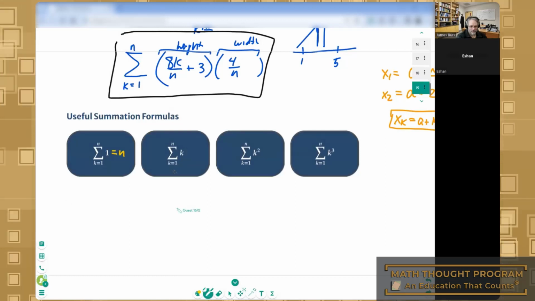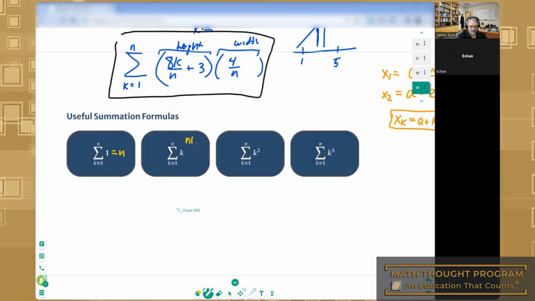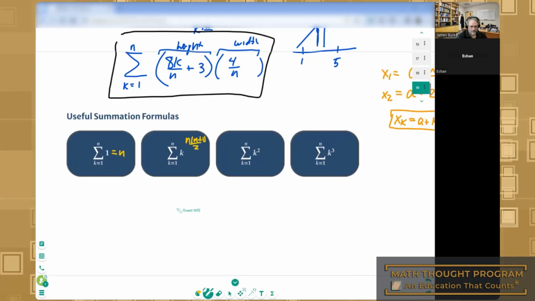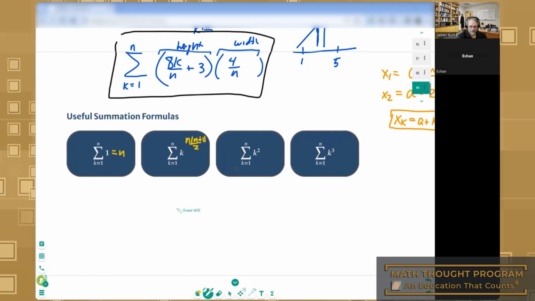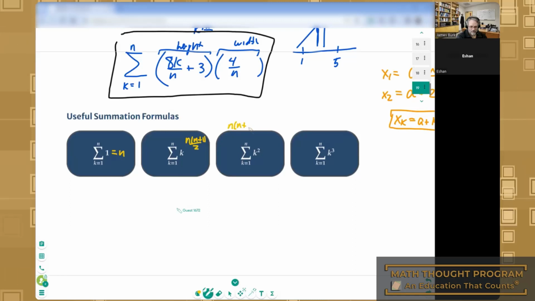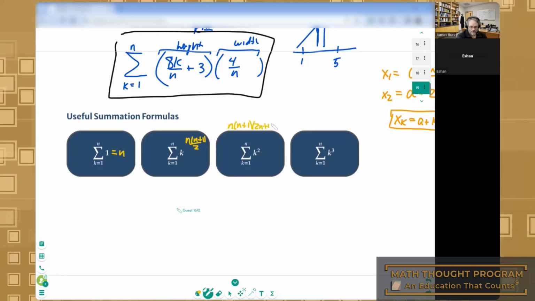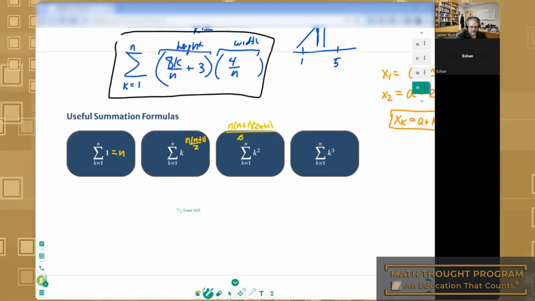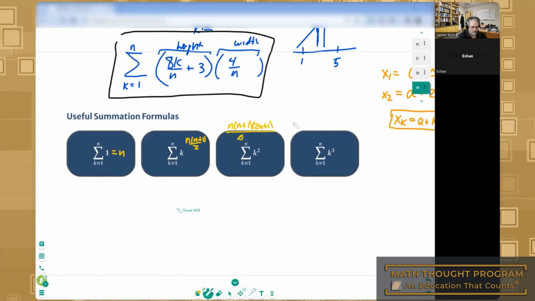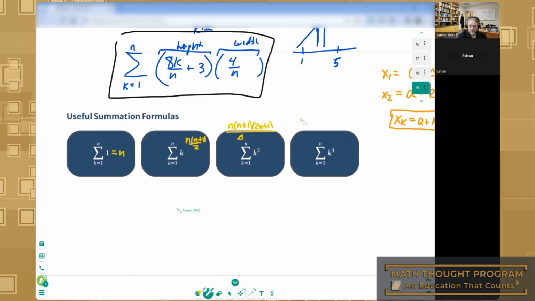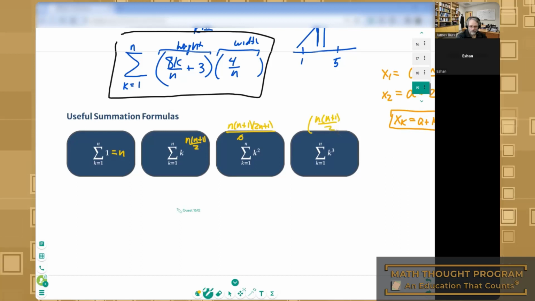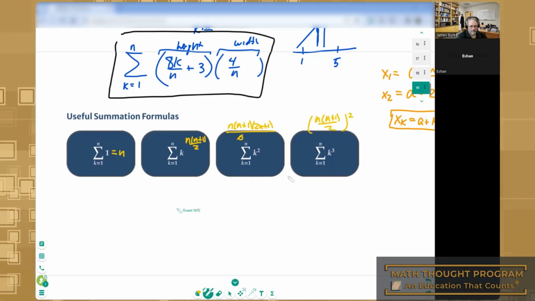The next one is going to be n plus 1 over 2. And the next one, this is another one that does pop up on a regular basis. This is going to correspond to n times n plus 1 times 2n plus 1 over 6. And the last one, this one pops up as a little more rare, which you're going to be doing in this course, but it's going to be n plus 1 all over 2, and you're going to square it.